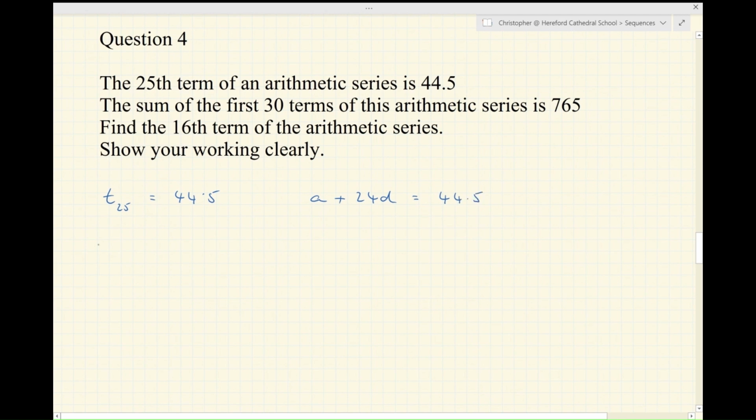We also know that the sum of the first 30 terms is 765, which means that 15 times twice a plus 29 differences equals 765. So that tells us that 30a plus 29 times 15, 435d, equals 765.